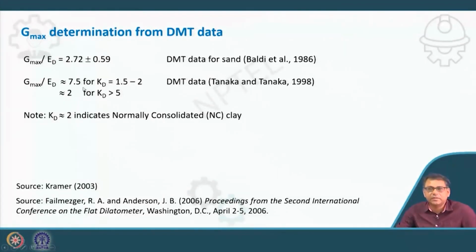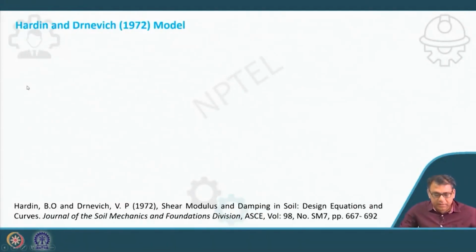You can see what KD and ED are; I have already explained in my previous lectures how to get the KD and ED. Once you get the KD and ED, you can use this expression to get the Gmax value. Now I know how to determine the Gmax, but I don't know how to determine the G value at any strain.